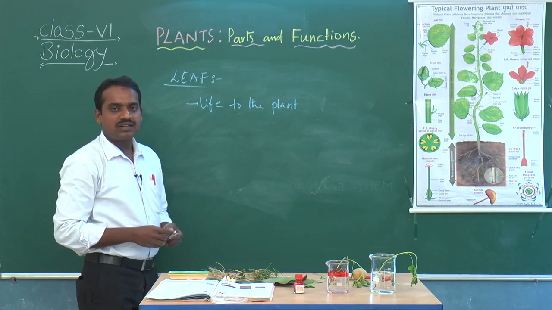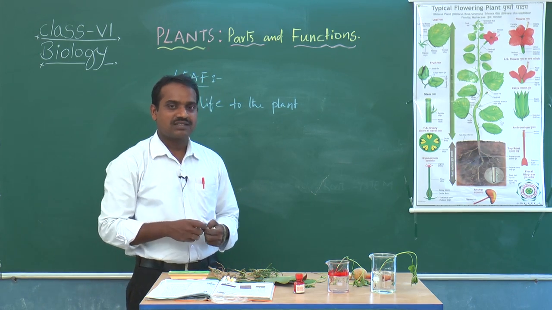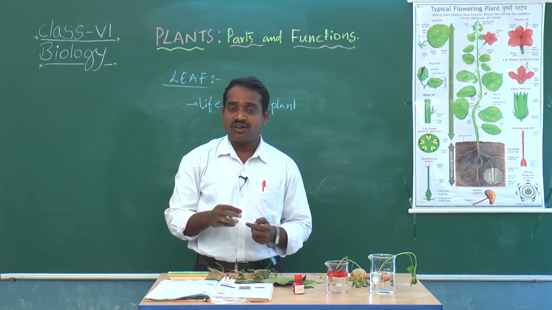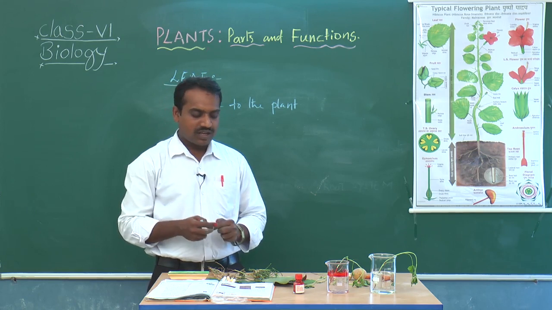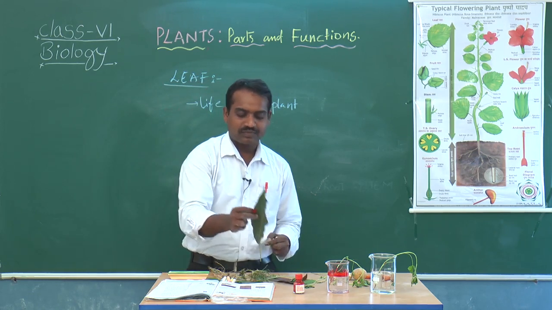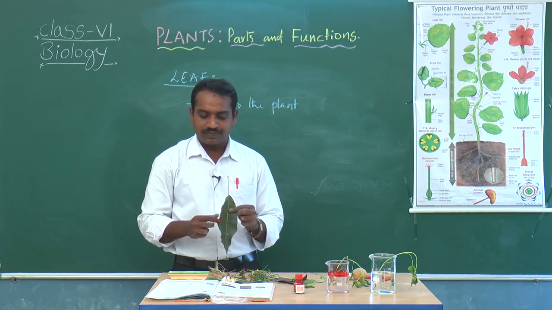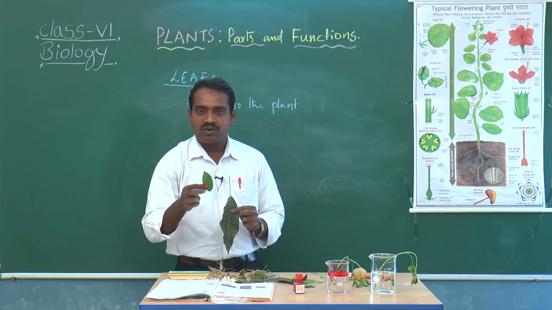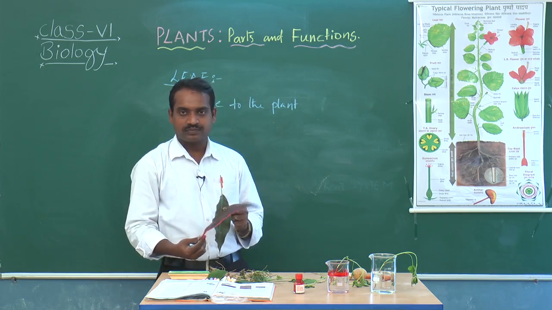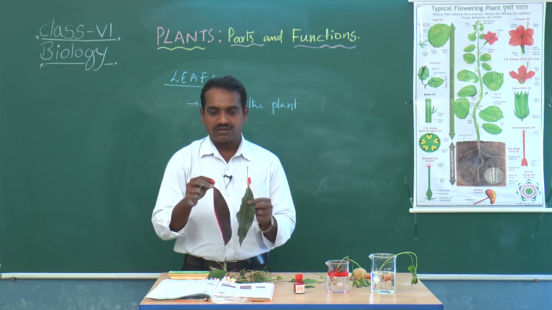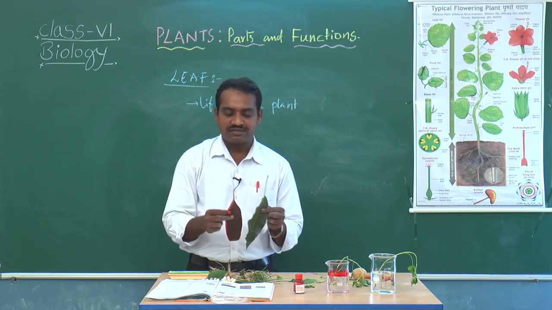Are all the leaves similar in all plants? No. Different plants have different types of leaves, and these leaves are not similar in their size and shape. Let us see this leaf. Here, this leaf is larger. This leaf is smaller. This leaf is narrow and tall. But in the leaf also, we can find many similarities in different kinds of leaves.